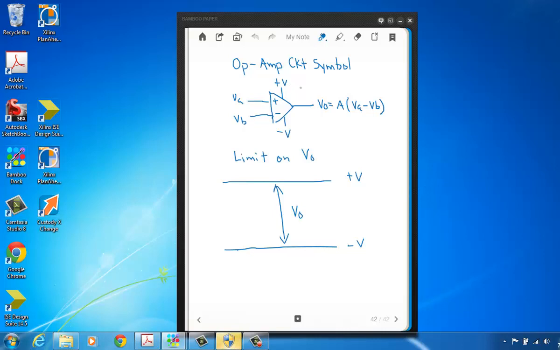When you just have an op amp without anything connected around it, and you'll see that the majority of op amp circuits will have some component connected between the output and at least one of the inputs, but in this case, where you don't have anything connected around the op amp, the output is just equal to the open loop gain that we talked about, the constant, times the difference of the two input voltages, so VA minus VB.